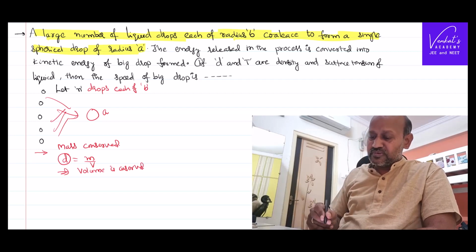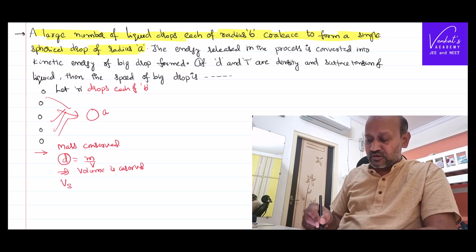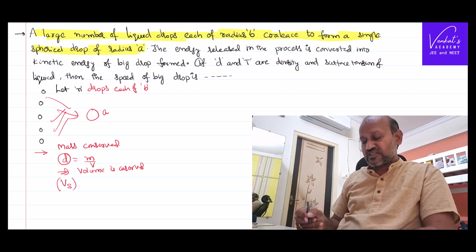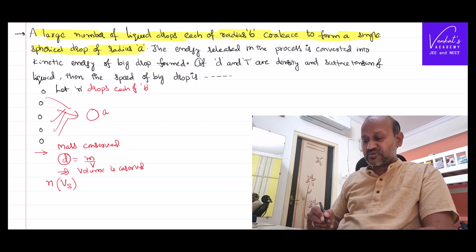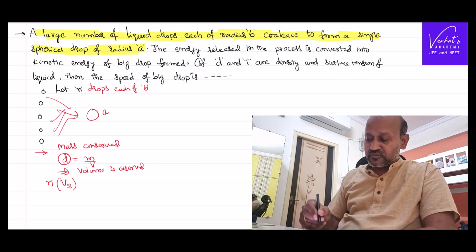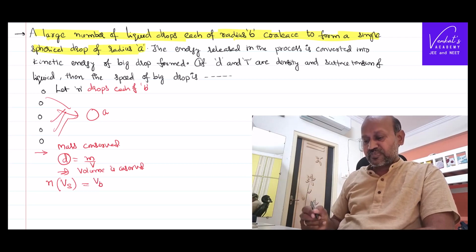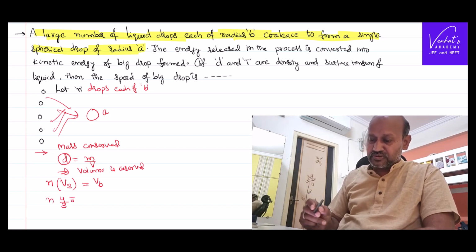What do we mean by volume is conserved? Volume of all small drops together. Let us assume the volume of each small drop is S. There are n number of drops. So the volume of the n drops together equals the volume of the big drop. Being spherical, volume can be written as 4 by 3 pi r cube.